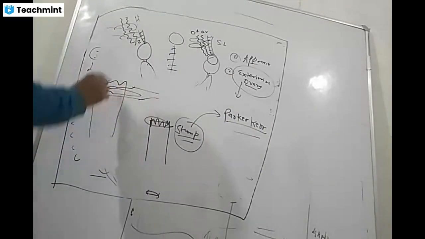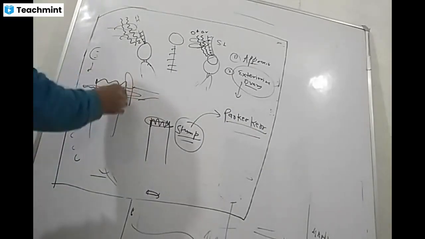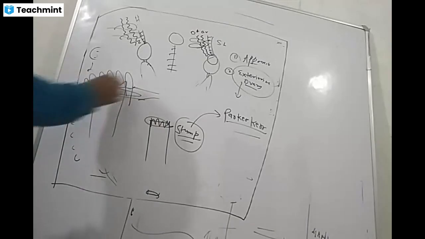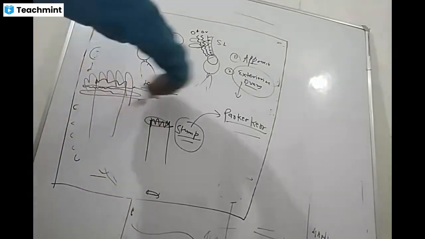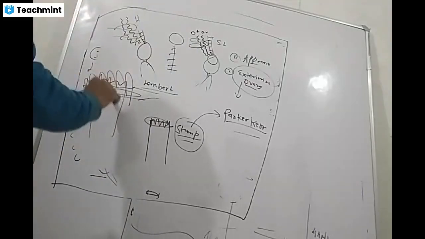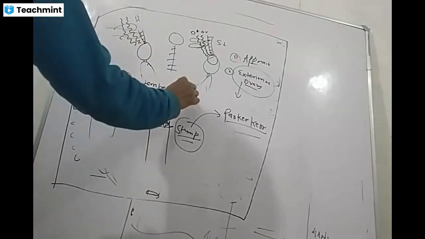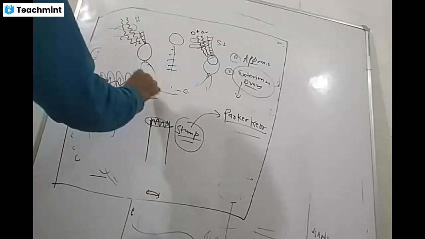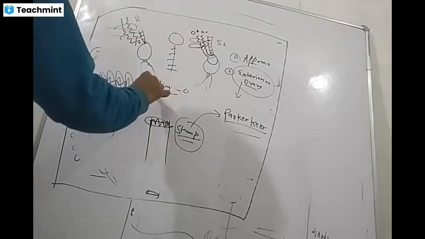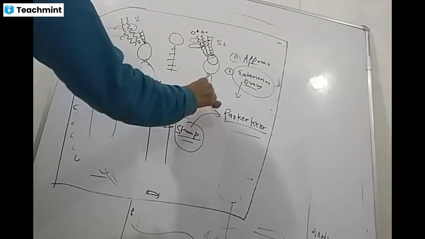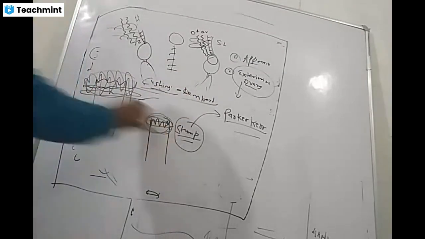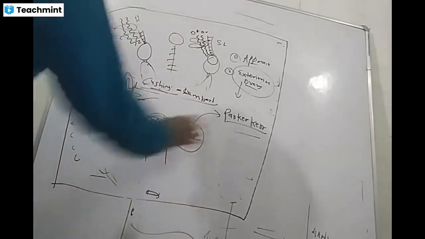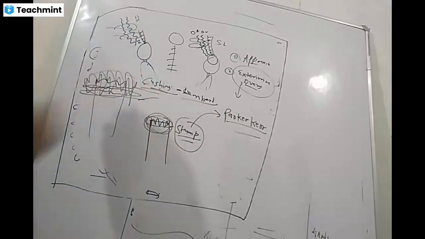Then, with the help of suture material, we first take Cushing, not Lambert. First we take Cushing, then Lambert, and we remove the artery forceps. So this is how we close the uterine stump with the help of the Parker Kerr method and leave it inside the abdominal cavity.